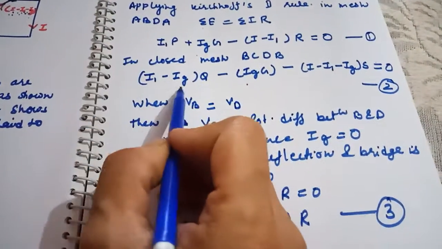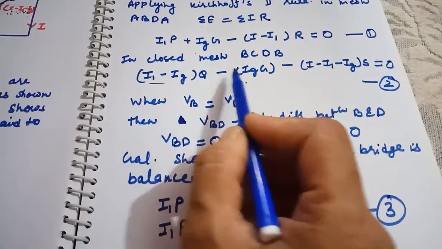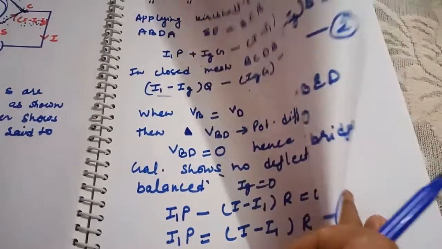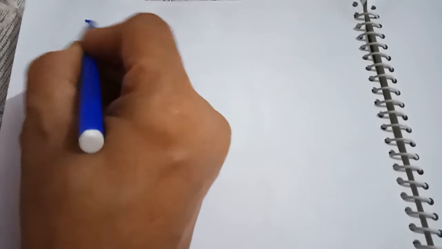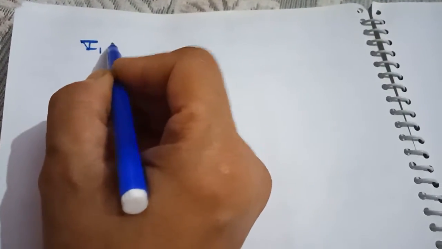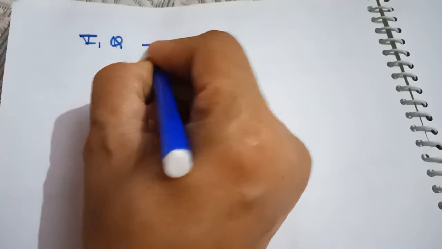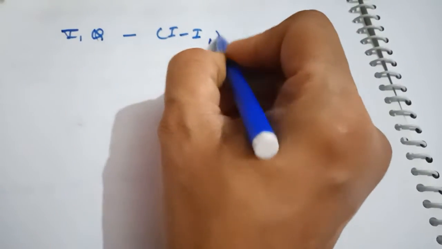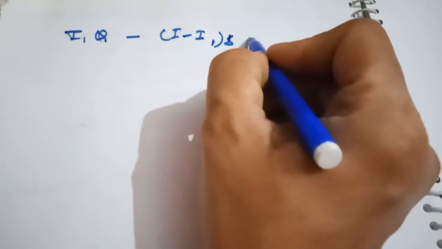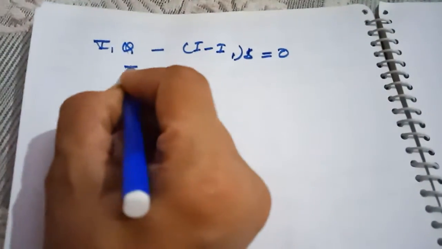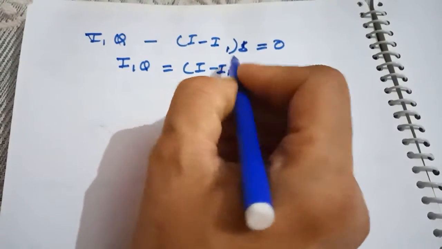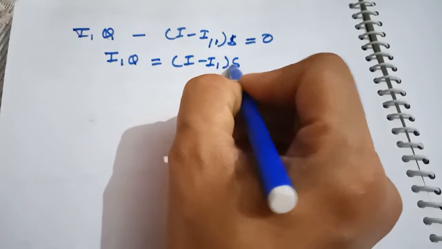Now substituting Ig equal to 0 in the second equation, what you get is I1 into Q minus (I minus I1) into S equal to 0, or you can write I1Q is equal to (I minus I1) into S.